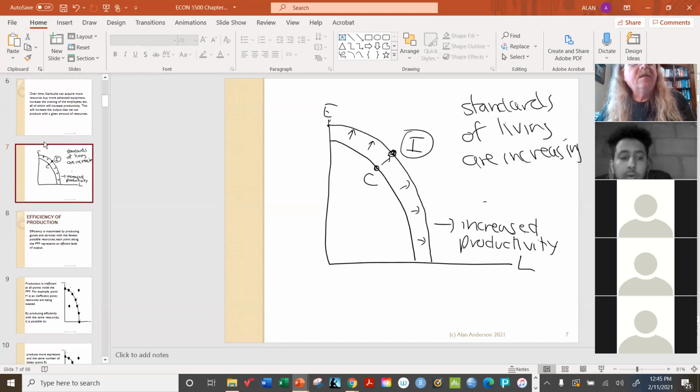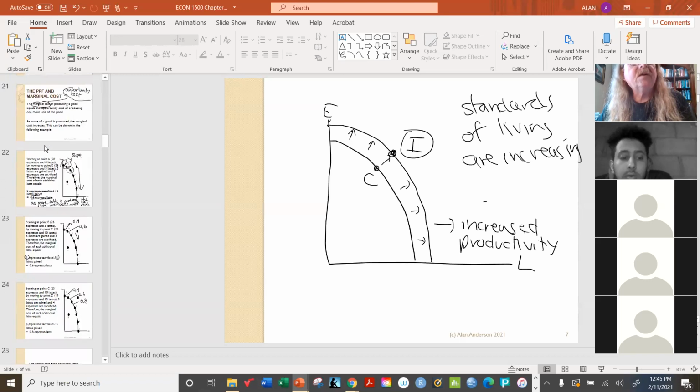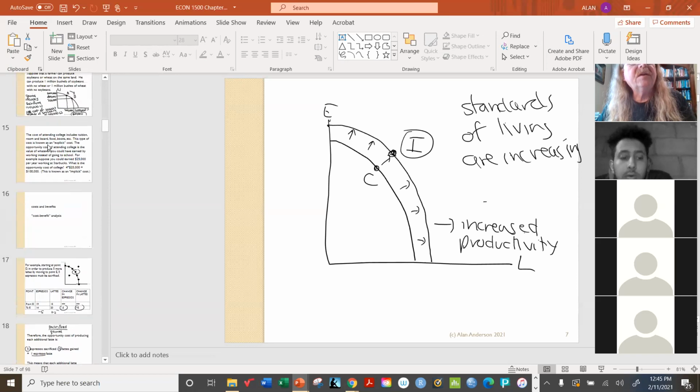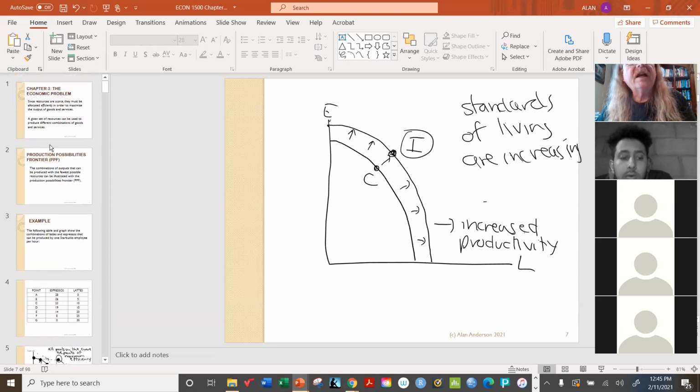All right, now, I did mention last time that this graphical device, the Production Possibilities Frontier, is often used in the study of international trade to help us understand why countries trade with each other. It's a good graphical tool in the area of international trade.